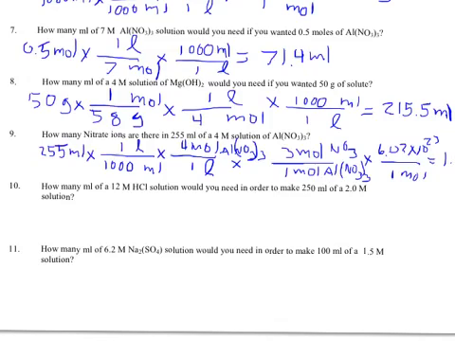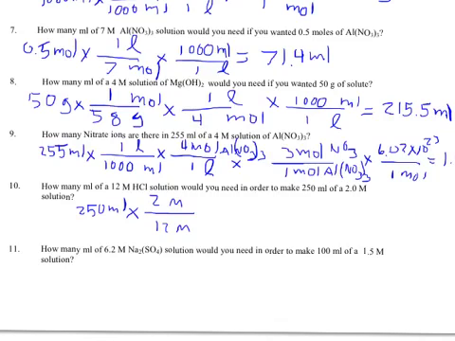So in this case, what you're going to say is I have 250 milliliters. And so I'm going to say times what I've got down below, which is 12M, and what I want up above, which is 2M. So notice, in a dilution, the big number is down below and the little number is up above. And that's important because the number of milliliters you end up with has to be less than what you started with. So this fraction has to be less than 1.